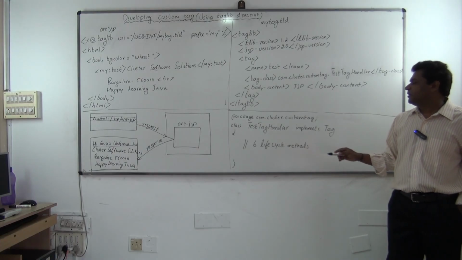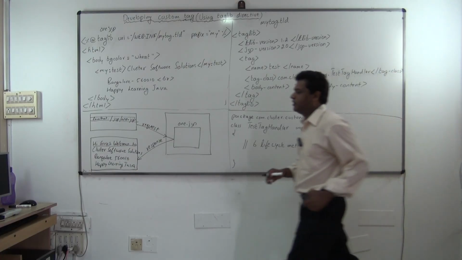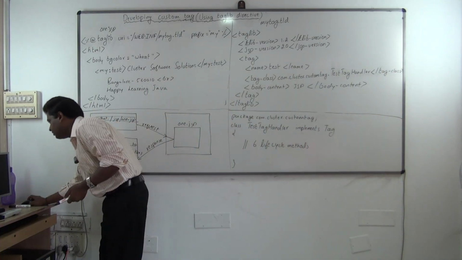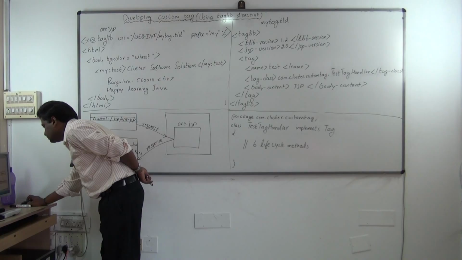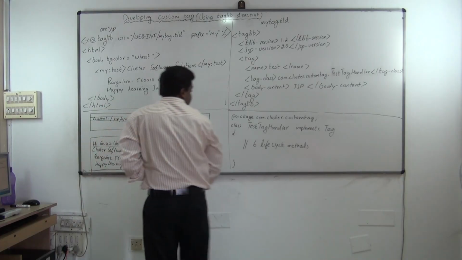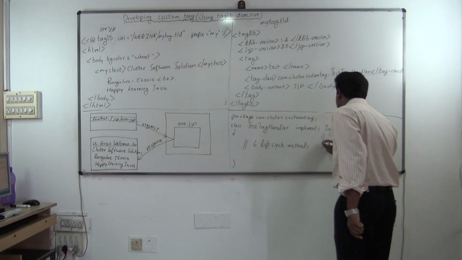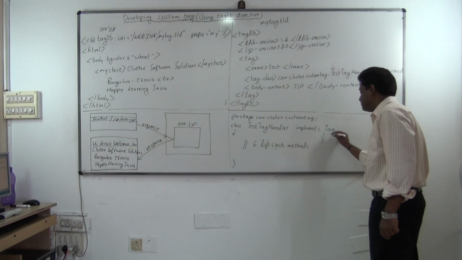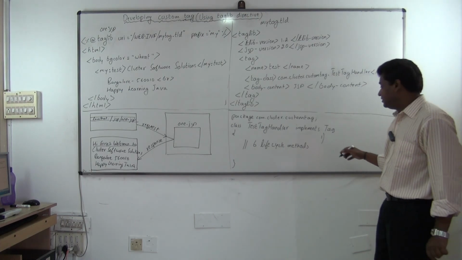This flow is very important, and here there are some important methods. I'll just write them roughly for you. The 6 lifecycle methods are present in the Tag interface.